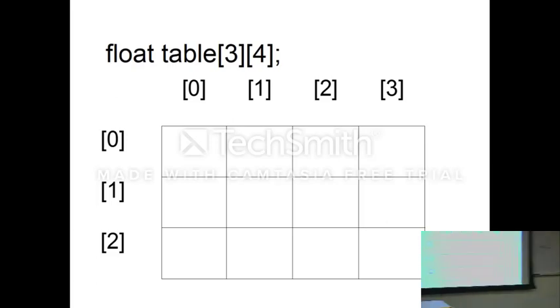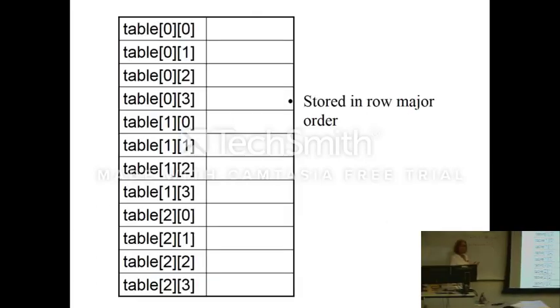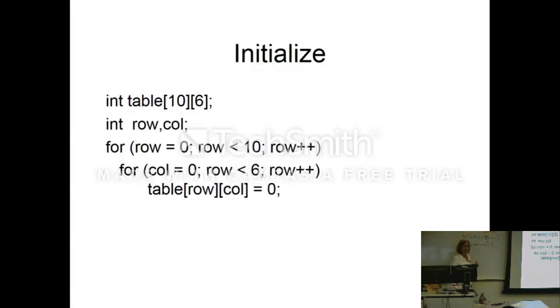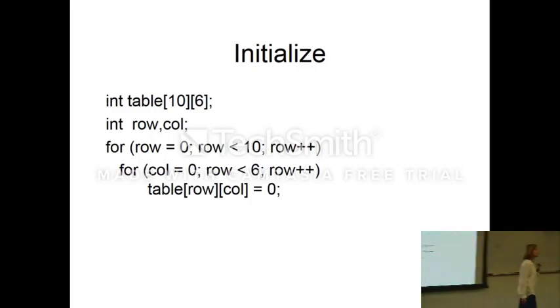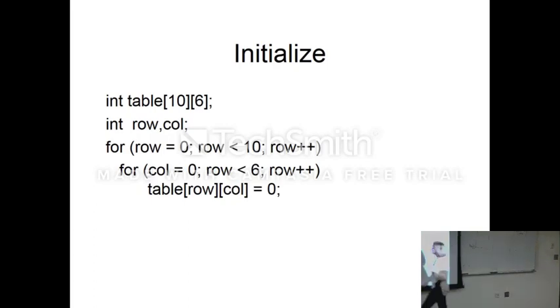But otherwise, this is what they look like in memory. Otherwise, we're going to use nested for loops. Now, my piece of advice when working with two-dimensional arrays is use good index names. Use good index names.